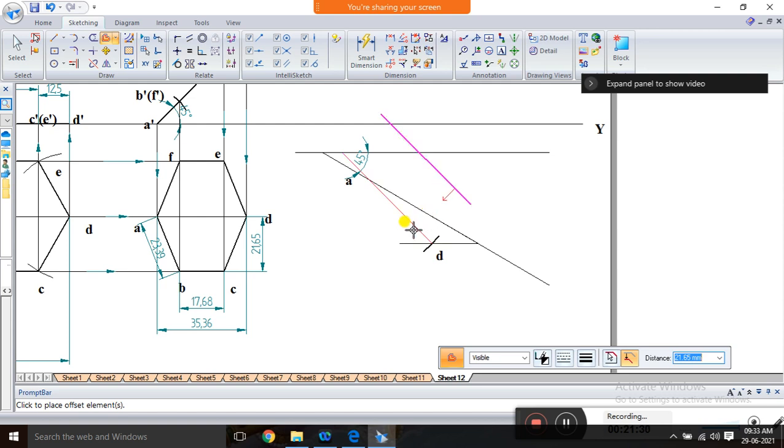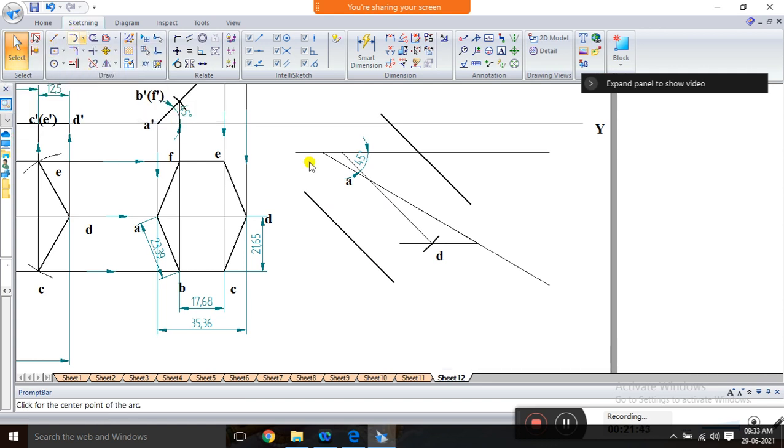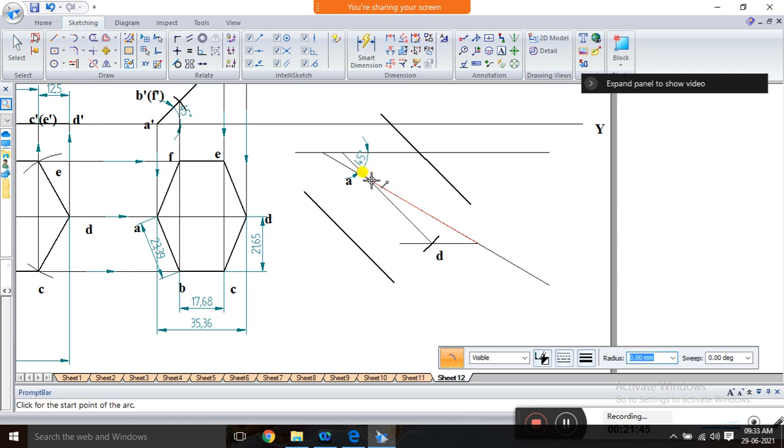So one line, and similarly from here 21.65, draw another line. Okay, so like this you have to draw the first line, then take the compass, place it here, and that distance is 23.39, and cut the first arc.